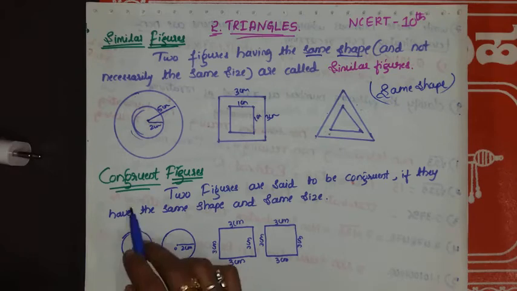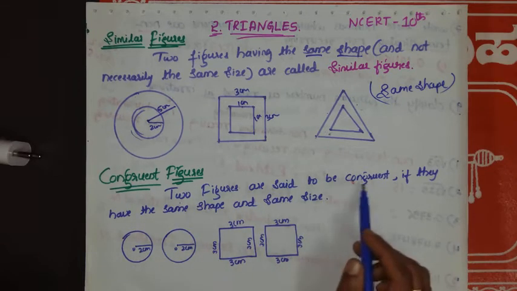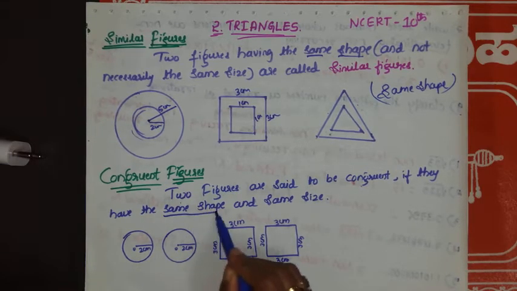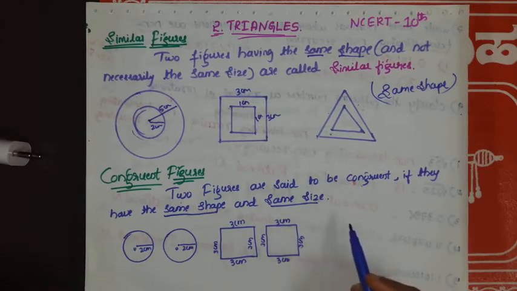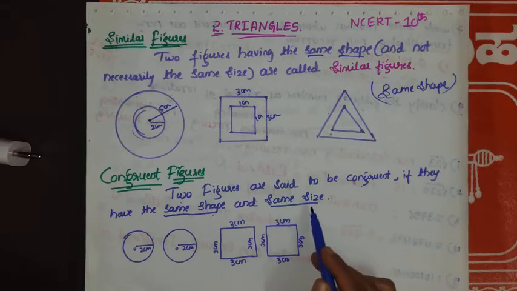In congruent figures, two figures are said to be congruent if they have the same shape and the same size. Here it must satisfy two conditions: same shape and same size. Both are circles, the same shape, and then size.